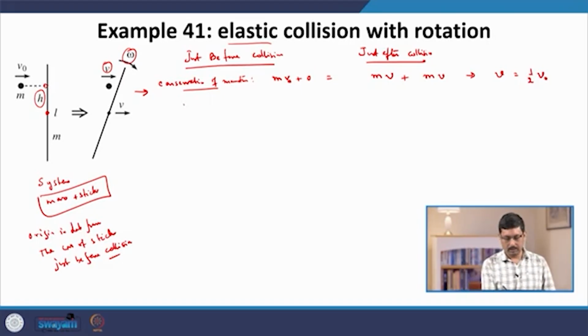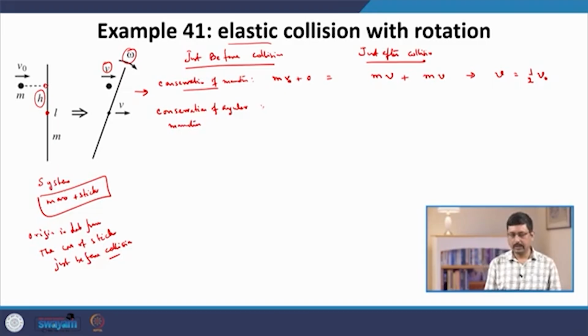Now what about the energy? Now let us apply the conservation of angular momentum. With respect to this origin, the point mass, even though it is moving in a straight line, still has an angular momentum because of the definition r cross p.